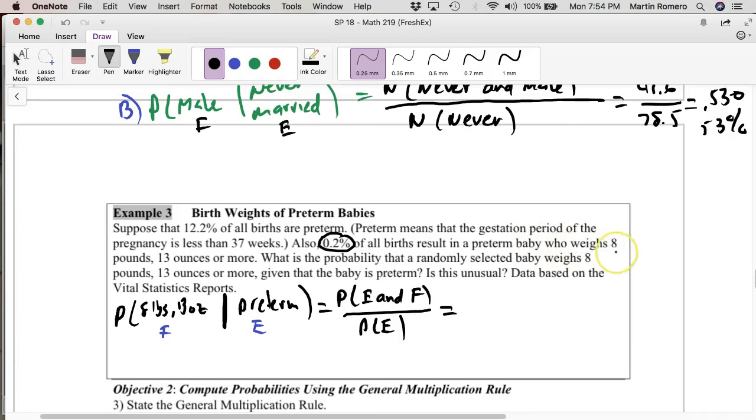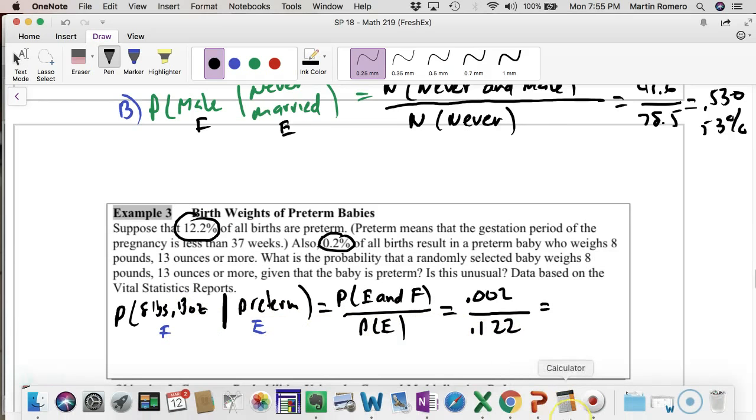Being preterm who weighs 8 pounds, 13 ounces. So this answer would be 0.002, because I have to convert that from a percent. And then we have here also the probability of E, which is preterm, and that is right there. And so that is 0.122. So that's what you would do to answer that problem.